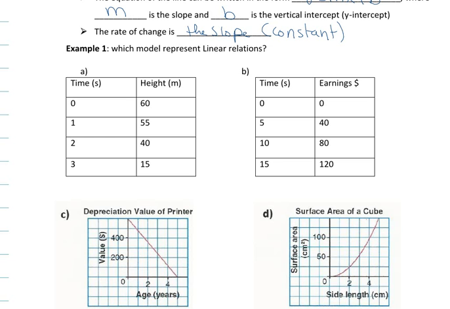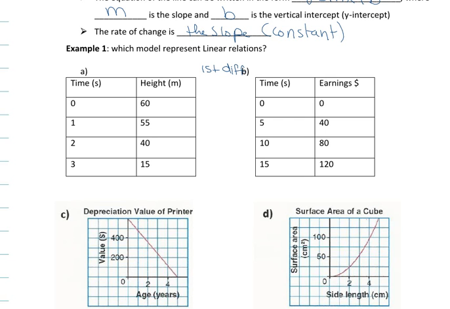Okay? Because if the first difference is constant, what does that mean? If it is constant, it's linear. So when I look at the first difference, if it's constant, then I know it's linear.